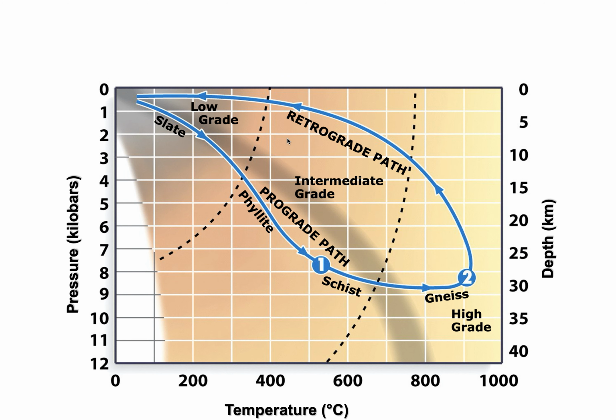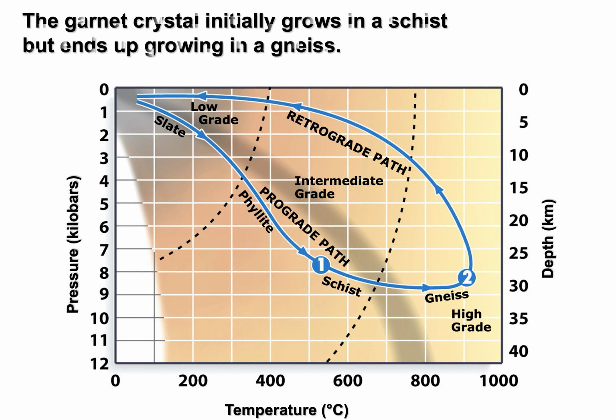And therefore we are having here the prograde PT path. In this example we have an aluminium rich sedimentary rock as a precursor. Therefore we are forming here a slate, yeah.